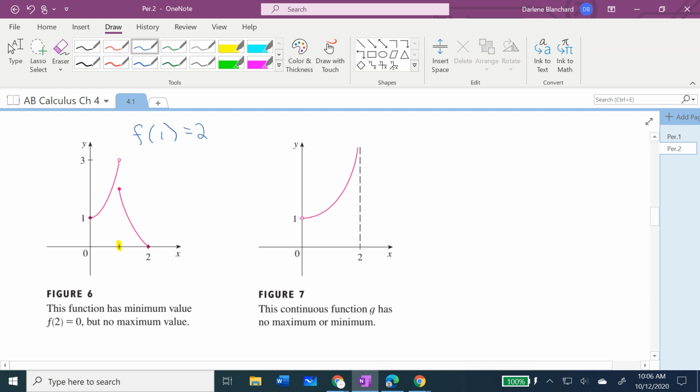Is 2 the largest y value that you can see if you go a little to the left and a little to the right? It is not the largest value. And it's not the smallest value either. So let's take a look up here. Do you think there should be an absolute maximum there?